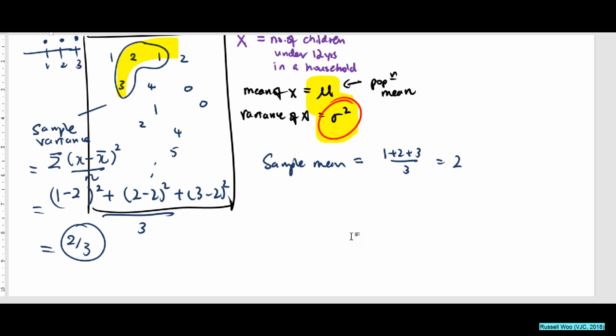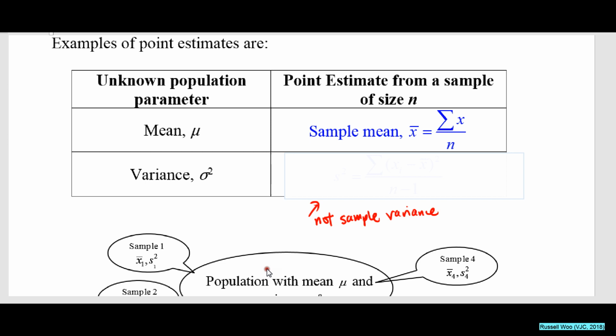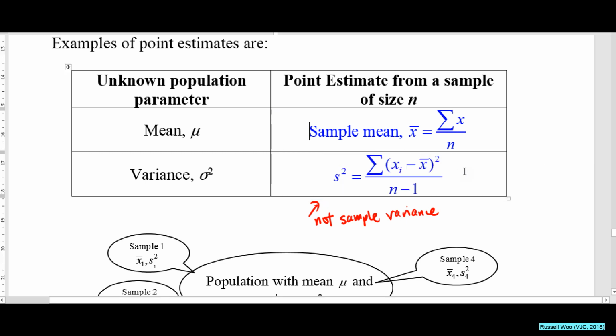It can be mathematically shown, which I will not show because the mathematics can be a bit confusing for all of us. But I can tell you, in order to estimate the population variance, I will need to use the unbiased estimate of the population variance.